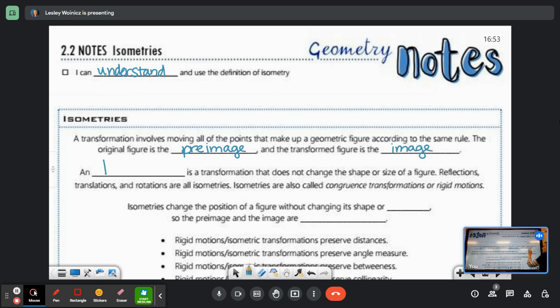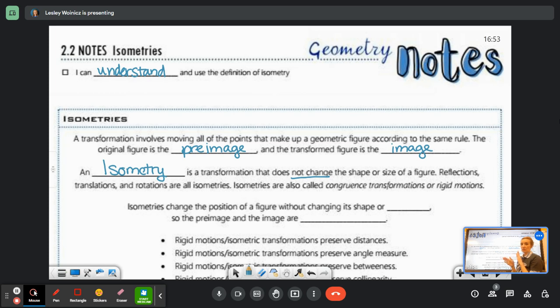Okay, an isometry is a transformation that does not change the shape or size of a figure. Reflections, translations, and rotations, they're all isometries. Isometries are also called congruence transformations or rigid motions.